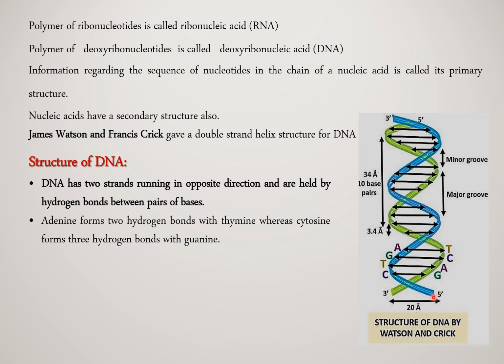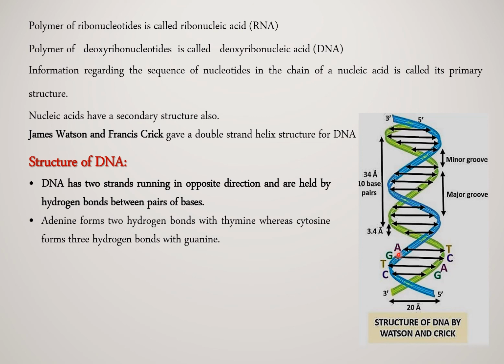What happens here is the two strands are held together by hydrogen bonds, and the hydrogen bonds are between the respective bases. Adenine will form a bond with thymine, whereas cytosine will form a bond with guanine. This is how you are forming the bonding.